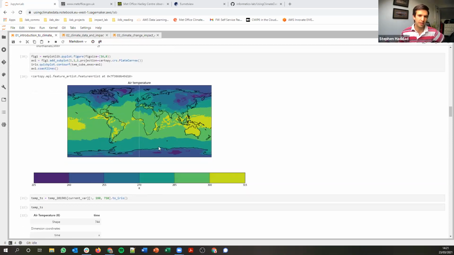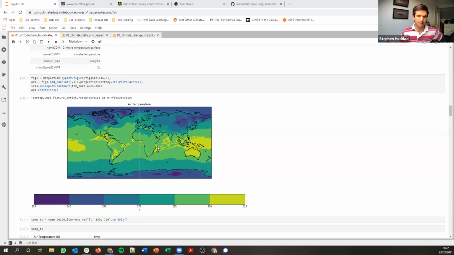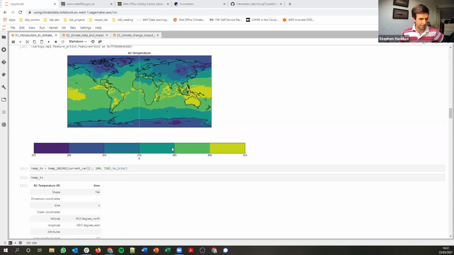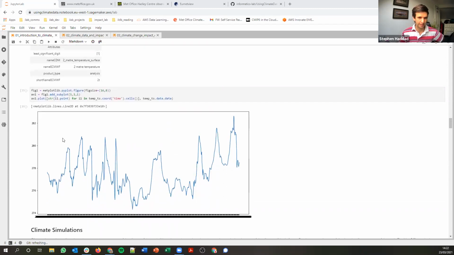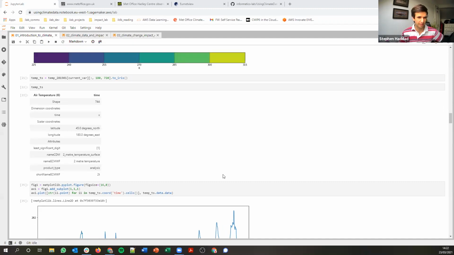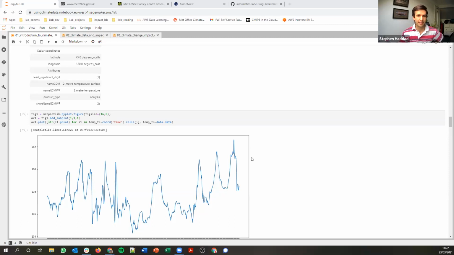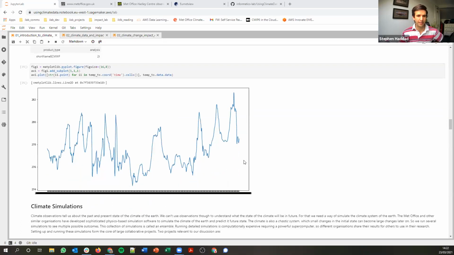This is the sort of data we can use to understand what was happening in the past climate, either all over the world at a particular time, or we can also extract it for a particular location and look at a particular time series over, in this case, a month. So that's the temperature over a particular month. Where was this location? 45 degrees north, 180 degrees. That's somewhere in the northern Pacific Ocean. And so we have that data freely available.